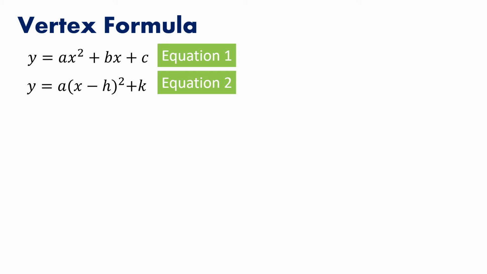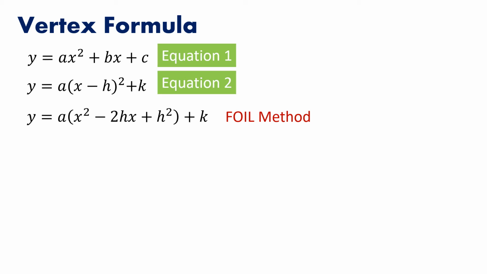If we apply the FOIL method in equation 2, we end up with y equals a times the quantity x squared minus 2hx plus h squared plus k. Applying the distributive property of multiplication over addition, we get y equals ax squared minus 2ahx plus ah squared plus k.